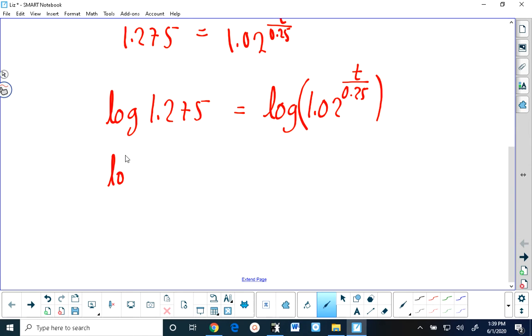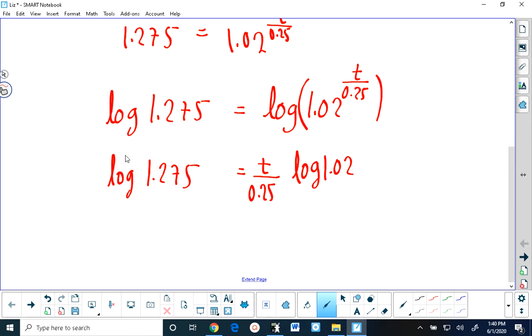Your next step is to move the exponent for the logarithm on the right out in front. So we can write t over 0.25 multiplied by the log of 1.02.